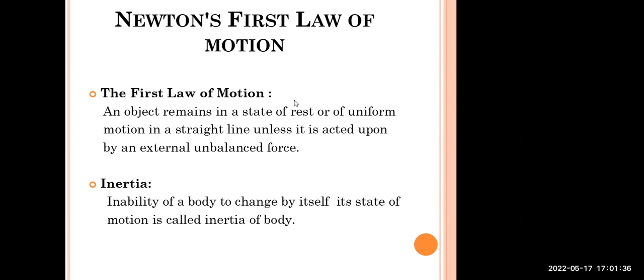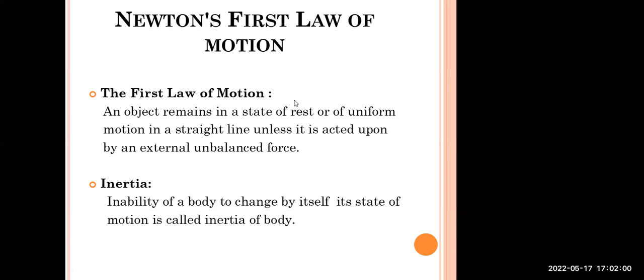The first law of motion is also called the law of inertia. So first we define what that term is. Inability of a body to change by itself its state of motion is called the inertia of the body.